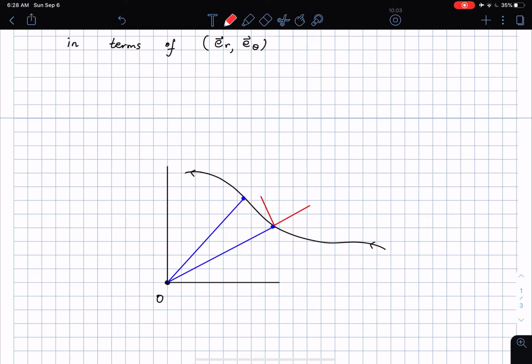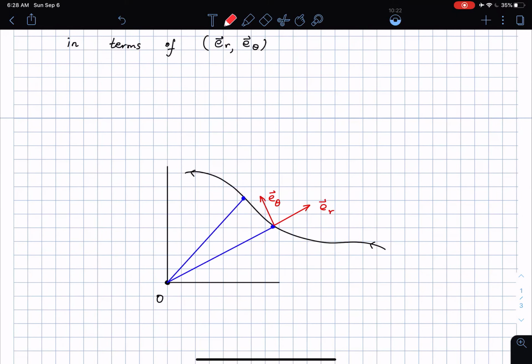You can see that the E theta direction is not necessarily the same as the tangential direction. It is not the same as the tangential direction unless the path is a circular path. So I'm going to call this E_r and then E theta.